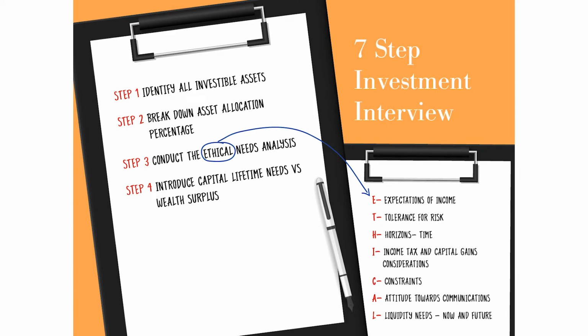There's some assets that the client might have that are more on the capital lifetime needs side that need to be used to generate an income stream for their lifetime plus one other, their spouse, their partner. Understanding that there are other assets that might be in addition to those that are more of the wealth surplus. As an advisor, we manage those assets very differently.